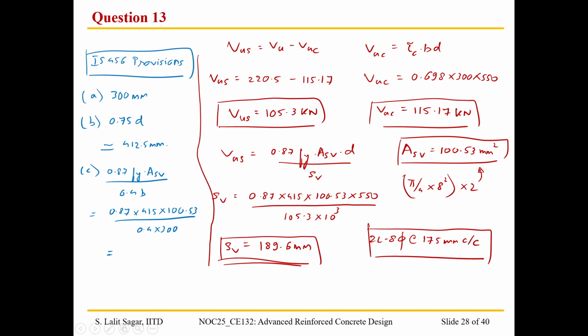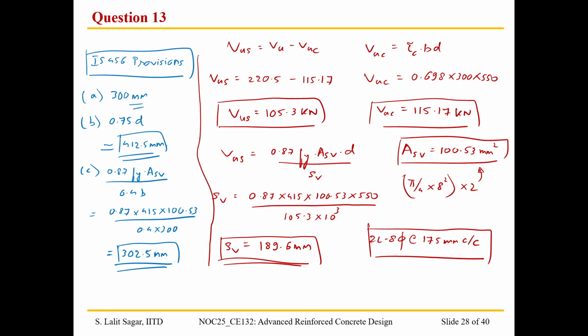Let's calculate that value. So as per the IS code provisions, we have these values: 300 millimeter, 0.75D, or 0.87 Fy Asv divided by 0.4b, which turns out to be 302.5 millimeter.